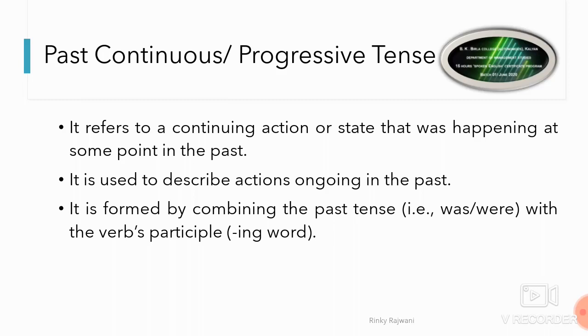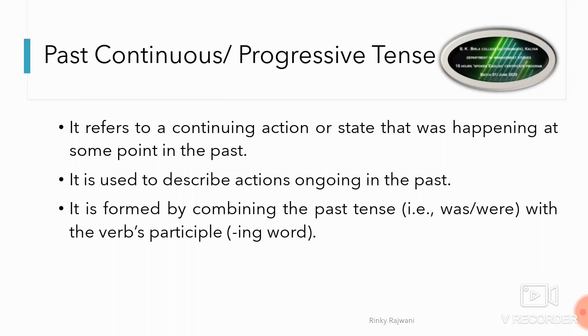It refers to a continuing action or a state that was happening at some point in the past. Continuous. By this word, what do we mean? Continuous means happening. Past means it was happening continuously in past. Correct?